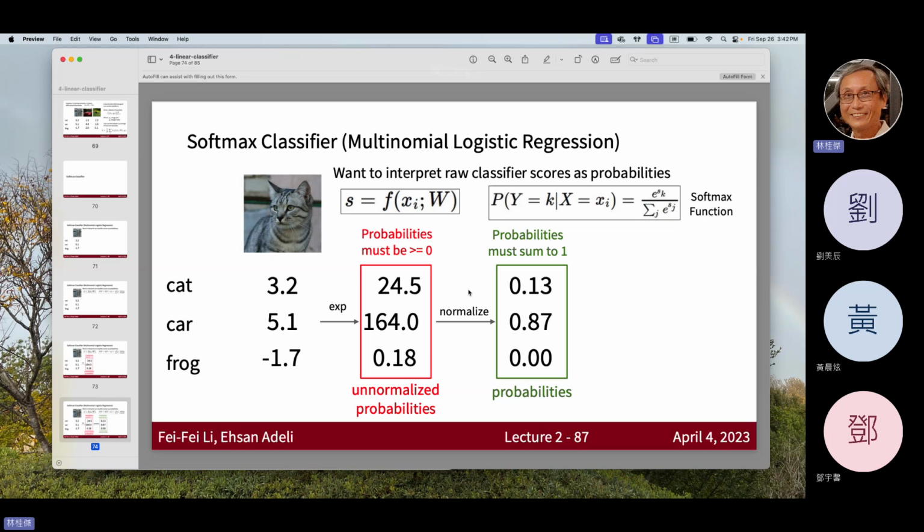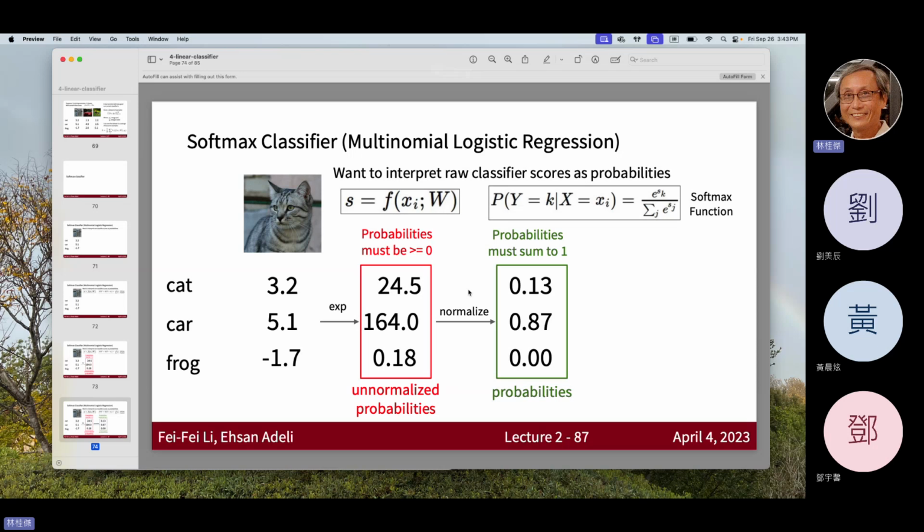For many classification problems, this is a better output than that because it is easy for us to see what the best prediction is right now. When we look at the absolute numbers, what is the difference between 5.1 and 3.2?